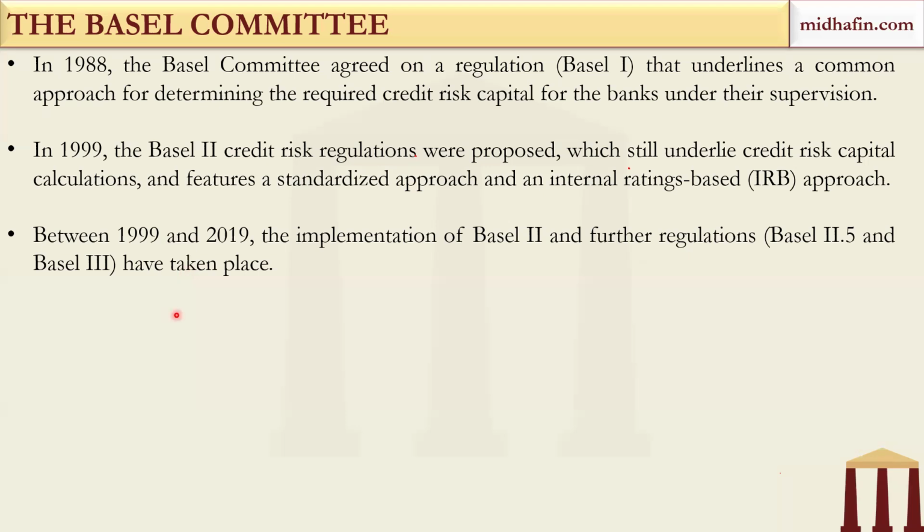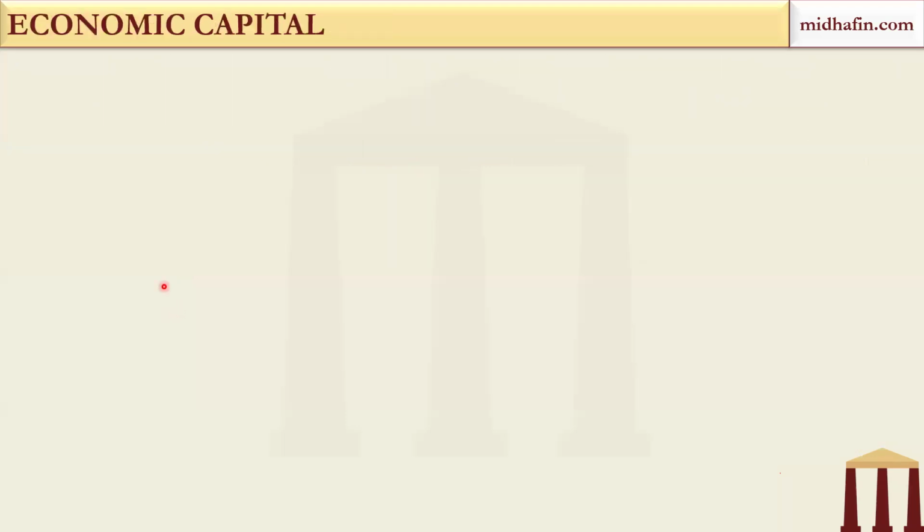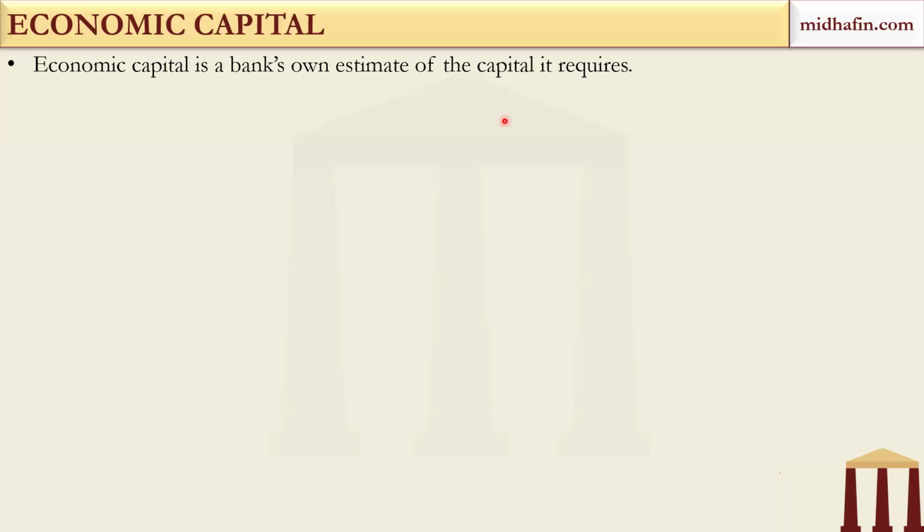Now, let us start with the idea of economic capital. What is economic capital? Economic capital is a bank's own estimate of the capital that it requires to tolerate that amount of risk, which we'll see later on, what kind of percentile we use for risk. Now there are two kinds of capital, of course, most of you know that. Economic capital is the bank's own estimate.